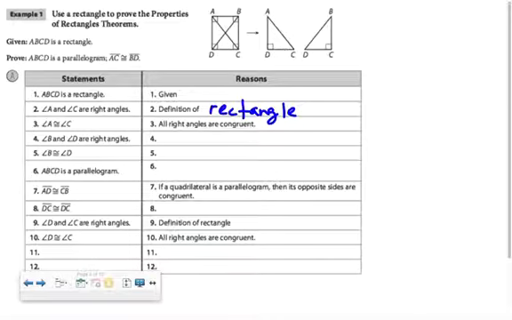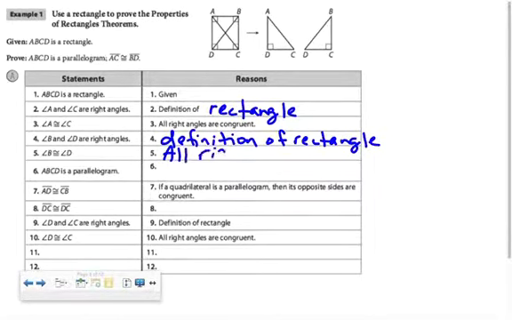Angles B and D are right angles, same thing; they're congruent because of the same reason. And so ABCD is a parallelogram because both pairs of opposite angles are congruent.